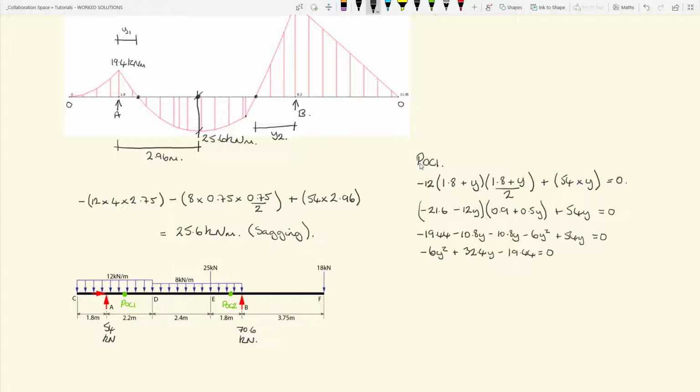And if you solve that using the quadratic formula, you'll get two values of y. One isn't relevant, it's way beyond the beam span, so you end up with only one that makes any sense at all, so y equals 0.688 meters. So that's the first one, that's y1.